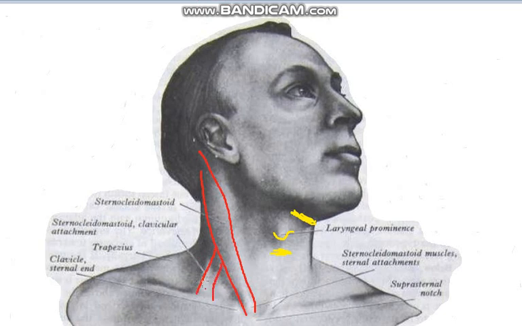You can make this out, and again you can make out the outline of the trapezius. This here is the trapezius muscle. So you have the trapezius over here. So sternocleidomastoid, sternal head, clavicular head, trapezius, and then again you can also make out the outline of the clavicle.